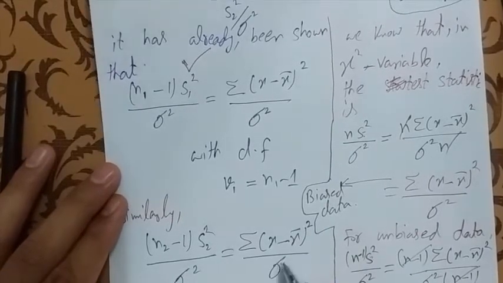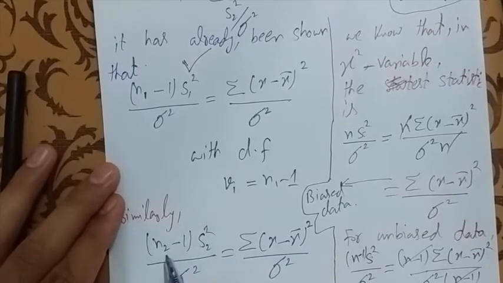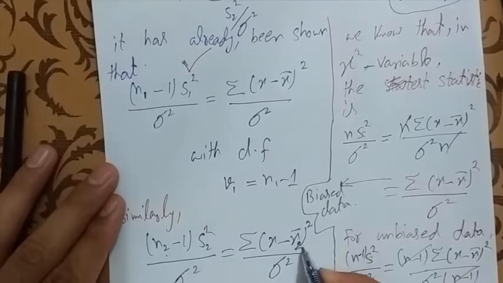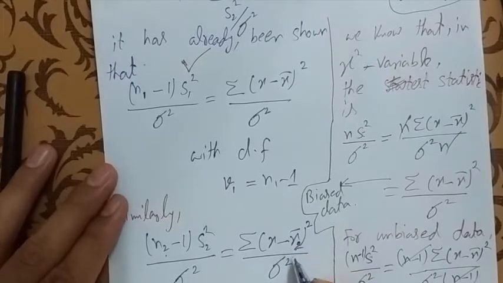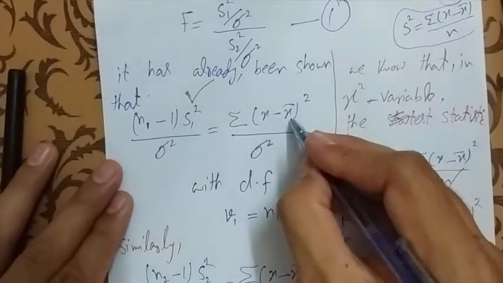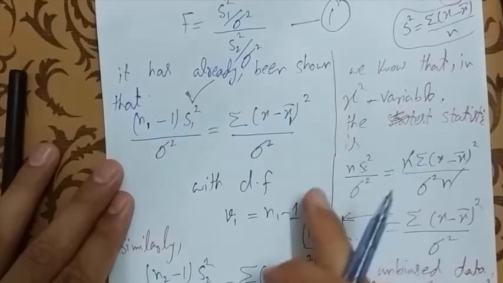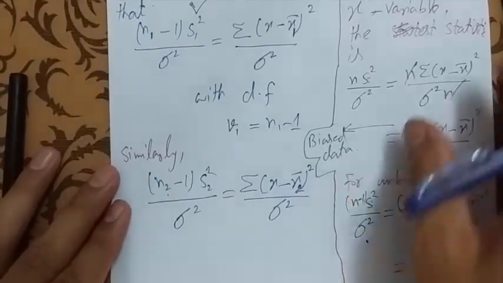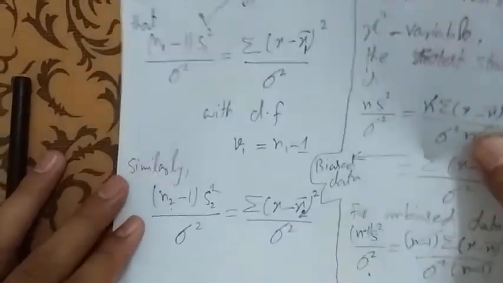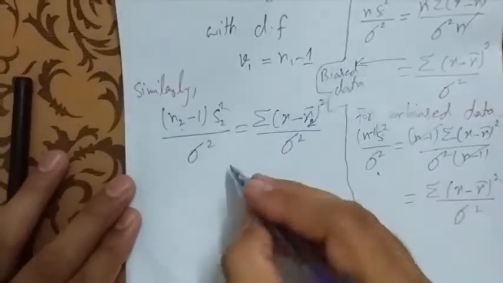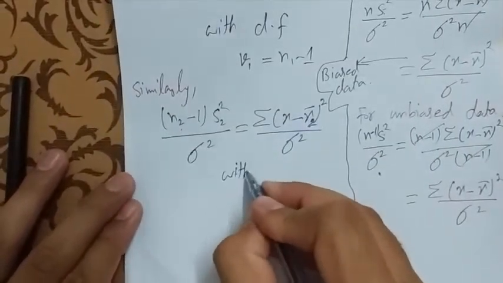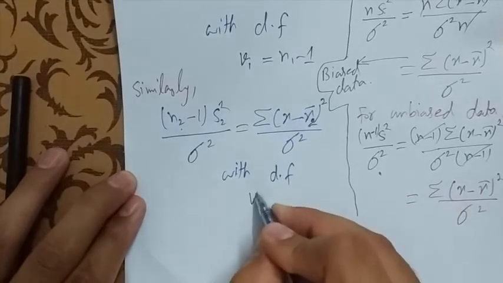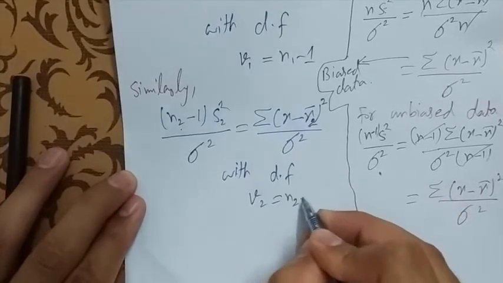This is for the second sample, so we take x bar 2, and this is for the first sample, x bar 1 whole square, with degree of freedom nu 2, which is equal to n2 minus 1.